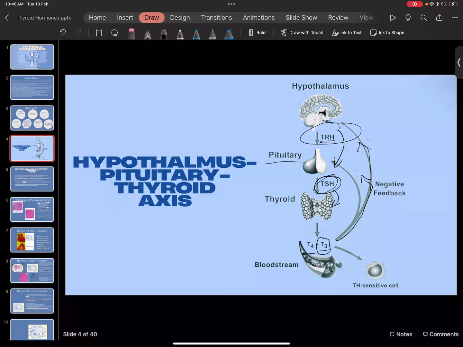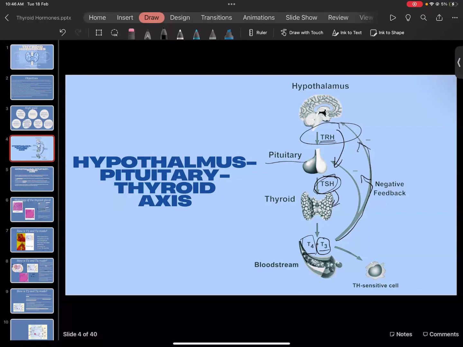TSH is thyroid stimulating hormone. From the name, TSH goes to the thyroid and binds to receptors on the thyroid cells, and it tells them to release thyroid hormones, which are T4 and T3.